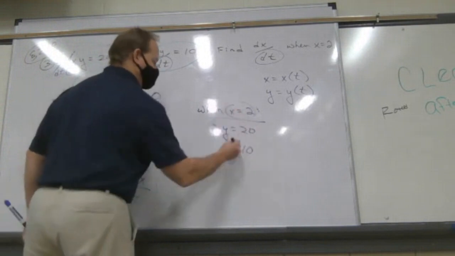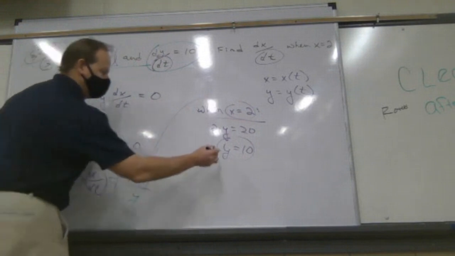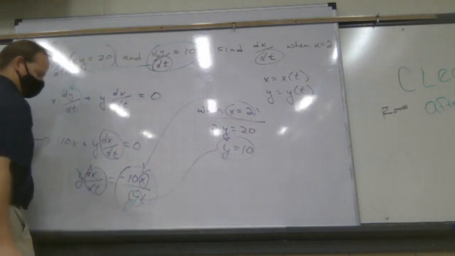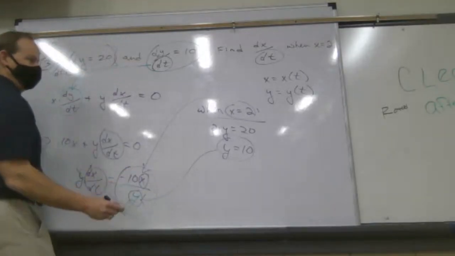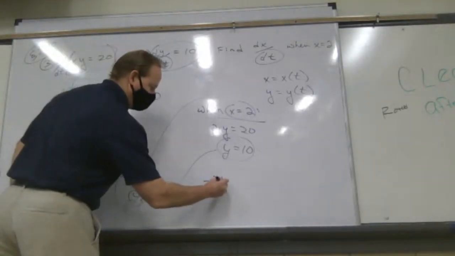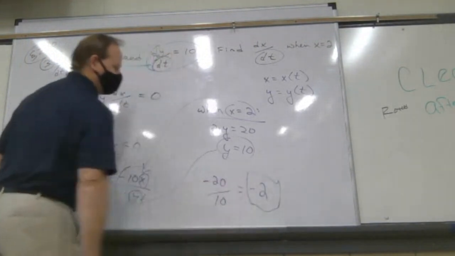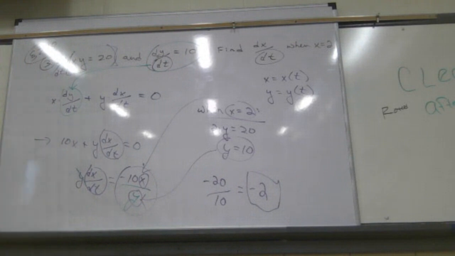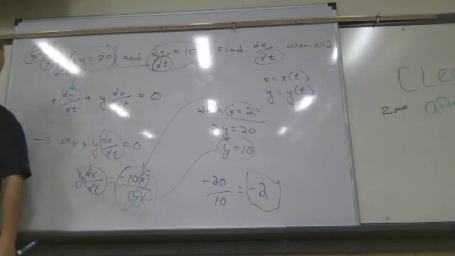So when x equals 2, y equals 10, and we plug both of these in right here. So dx/dt is going to equal minus 20 over 10, which equals minus 2. So my final answer for this one would be minus 2: dx/dt equals minus 2 when x equals 2. Minus 2 should be the answer there.